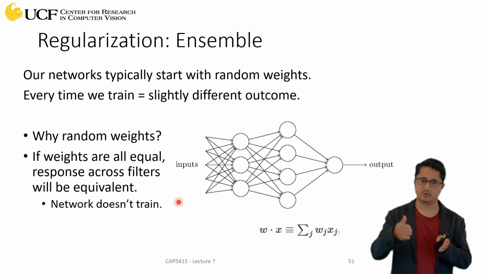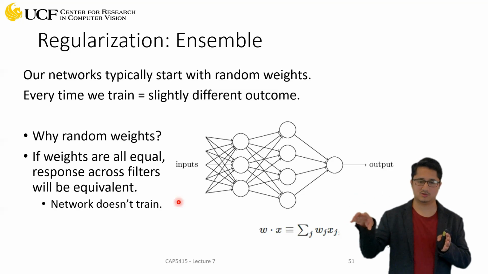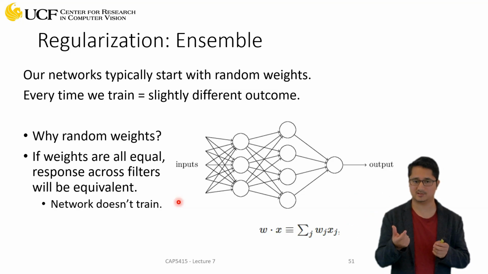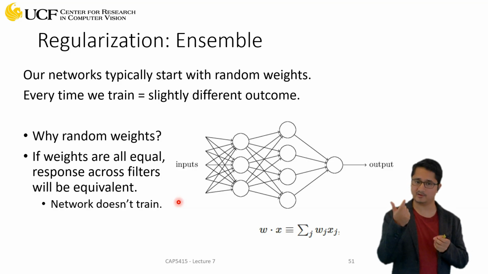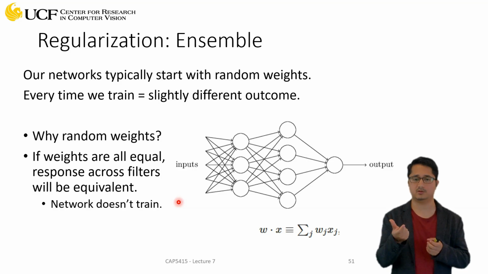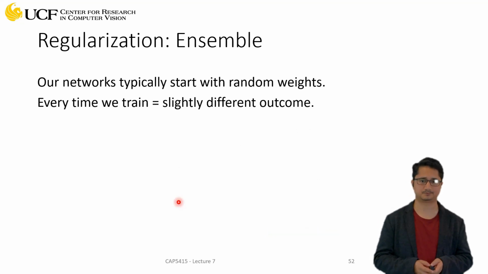So when you compute the gradient after you have the loss, the gradient will be the same for all the weights. Because the initial values were the same, the outputs were the same, nothing will be different, and the gradient will not change. When you make the update, the values will again be the same. So the network will not train at all. That's just a small point.